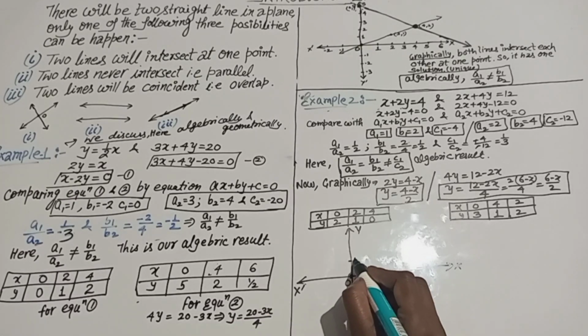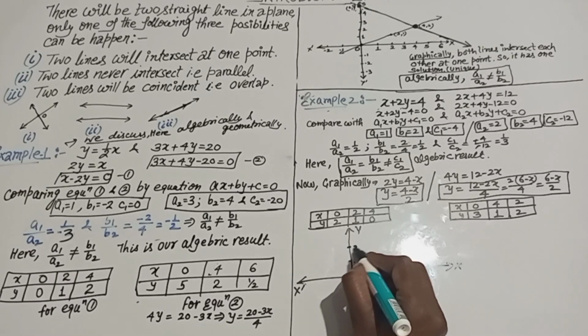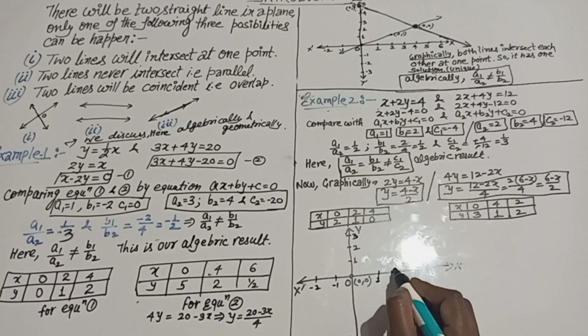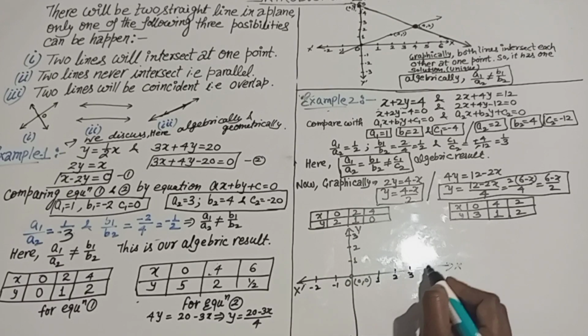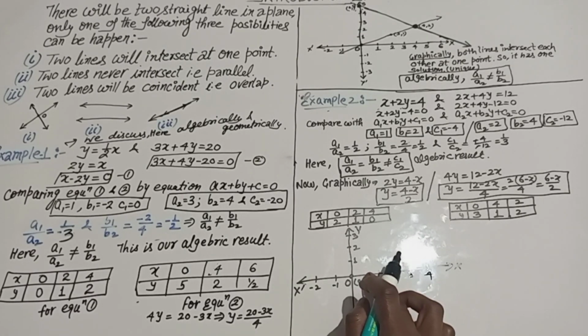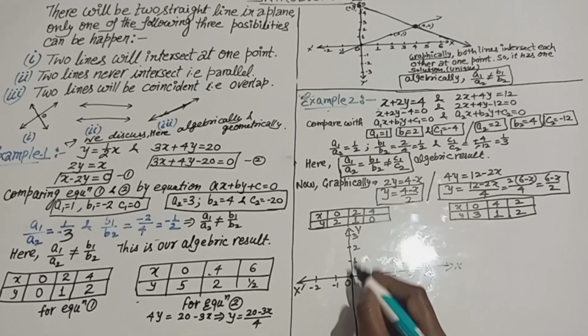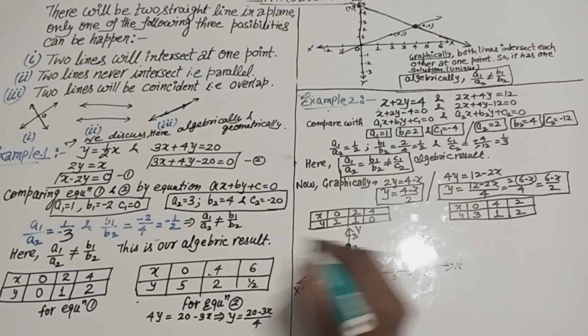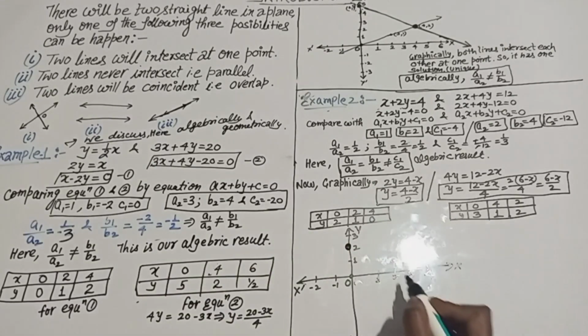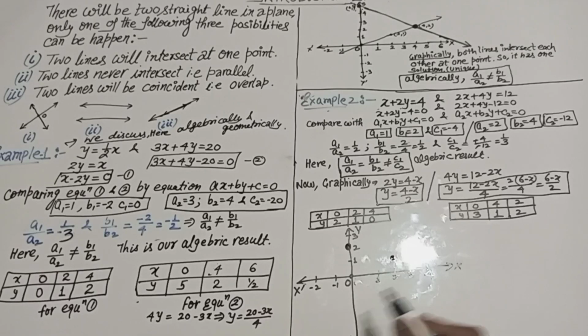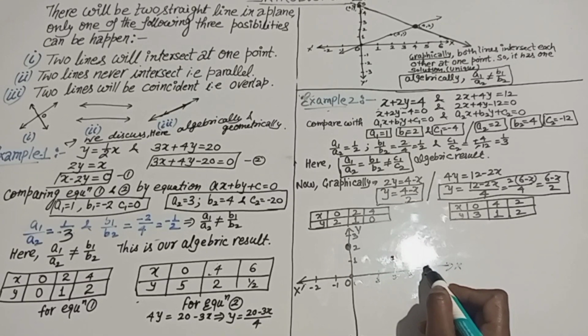So now 1, 2, 3, minus 1, minus 2, 1, 2, 3 and 4, because the maximum is 4. Now here 0 2. So 0 on the x axis and y is 2. Here is the 2. Okay. So now again 2 1. 2 is here, 1 is here. So again 4 0 is here.